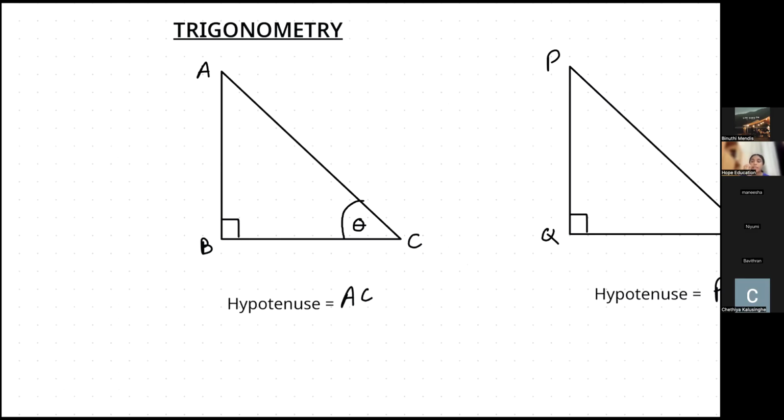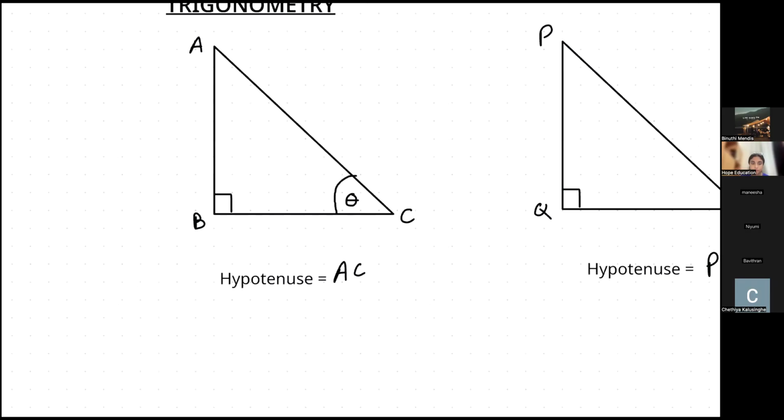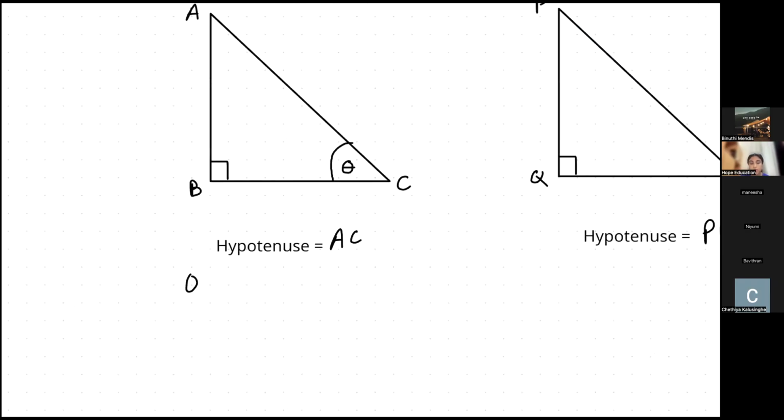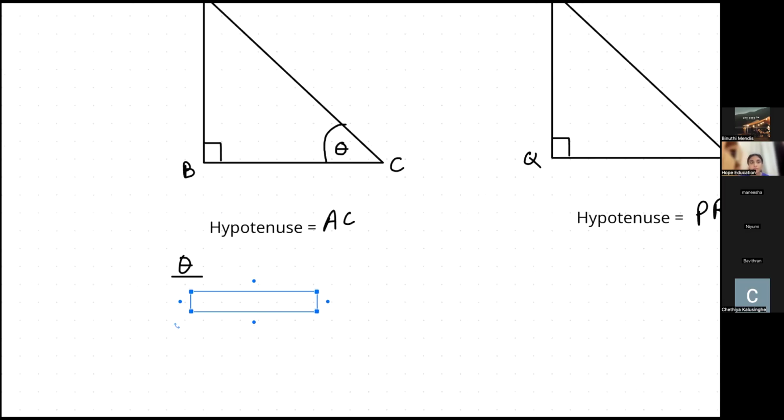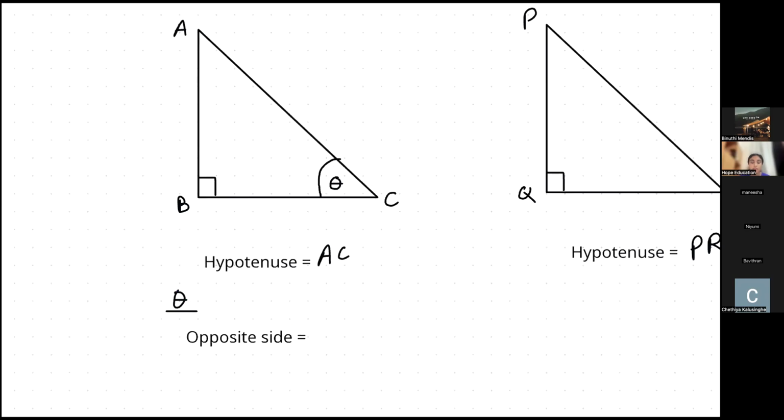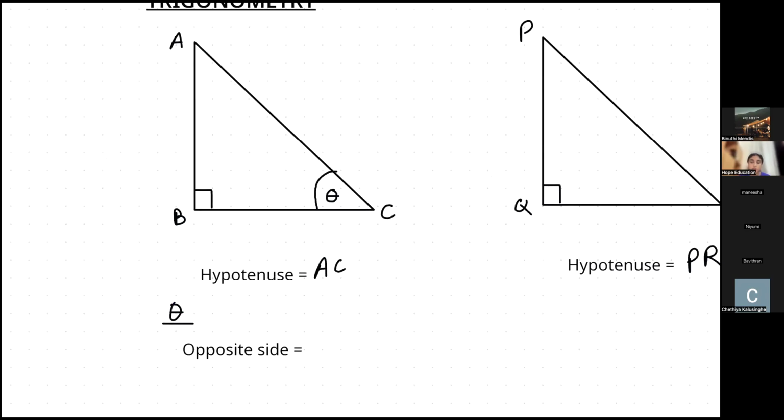Now, with respect to theta, answer the question I'm asking. What is the angle opposite to theta? Sorry, what is the side opposite to theta? What is the side opposite to theta? The side. BAC. Only 2 letters there, that's A then.